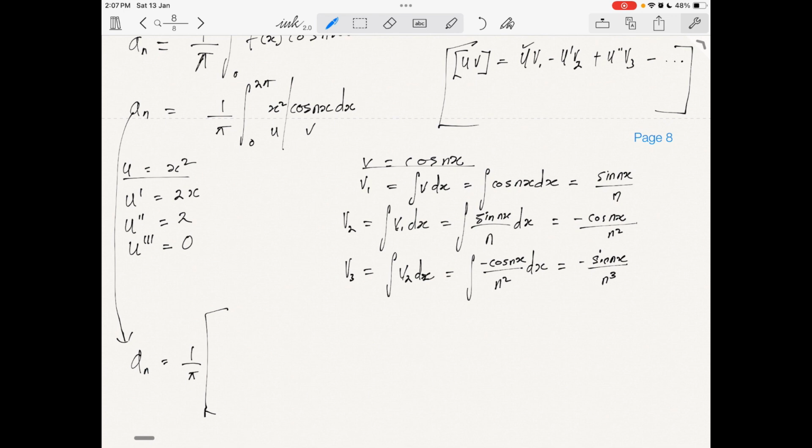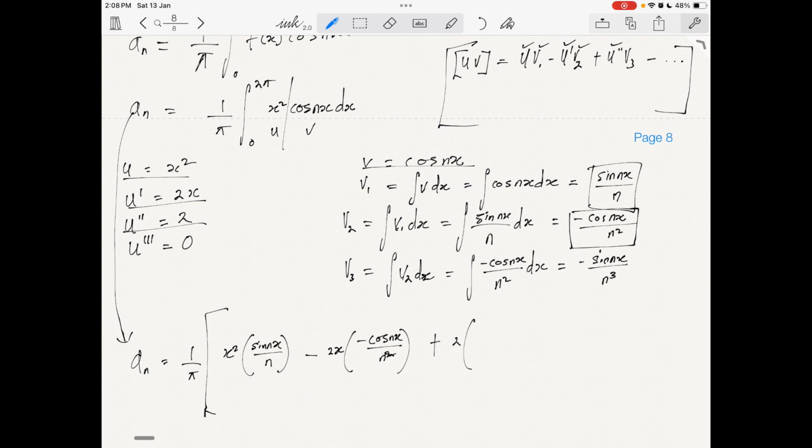So we start with u, which is x squared, v1, sin nx over n, minus u prime, which is 2x, multiplied by v2, which is minus cos nx over n squared, plus u prime prime, which is 2, and v3, minus sin nx over n cubed.